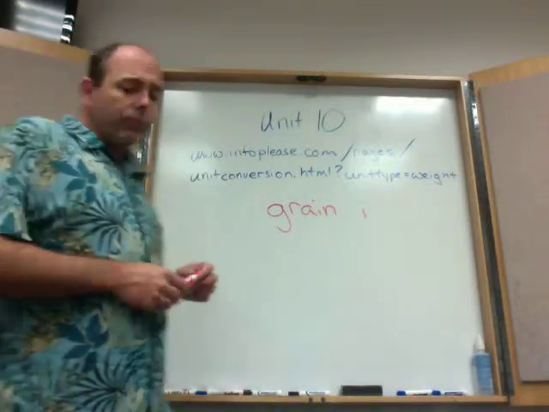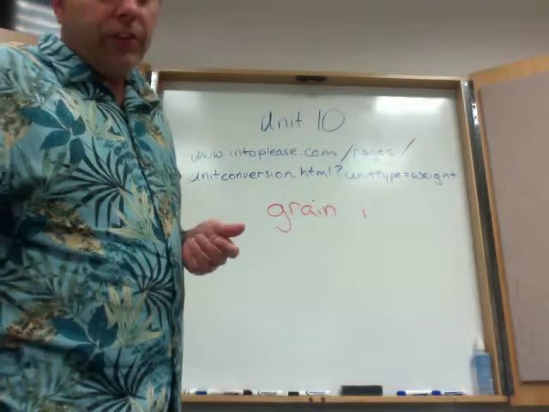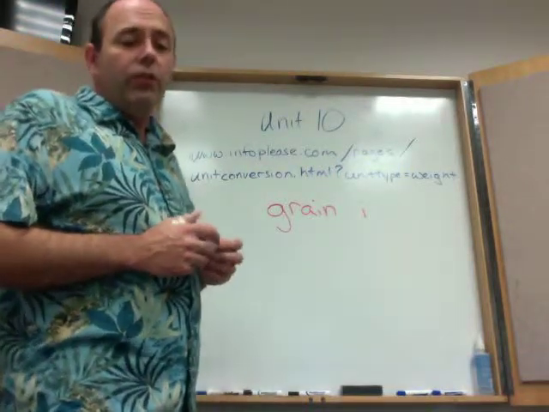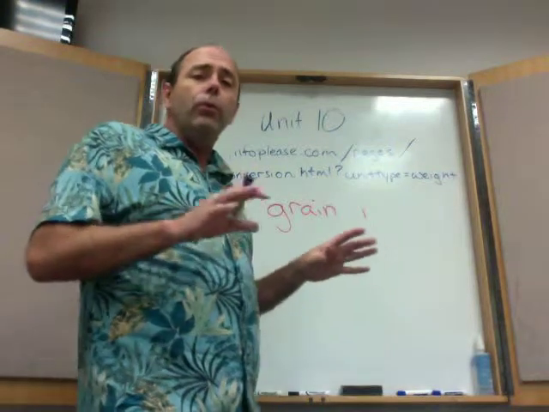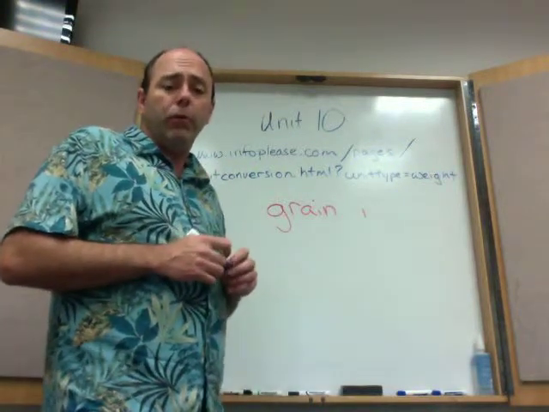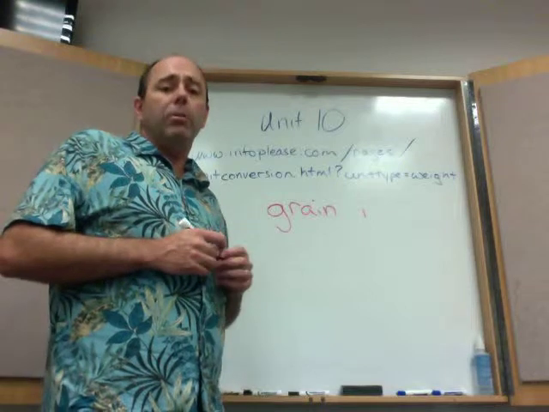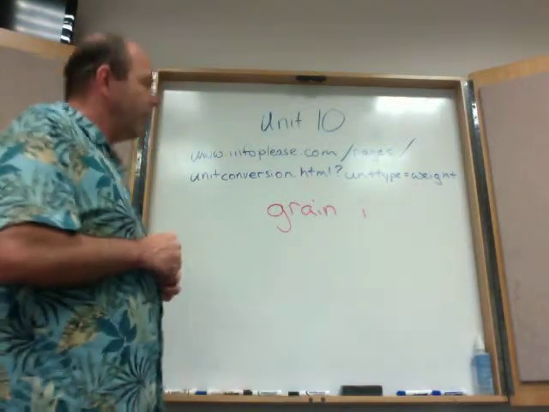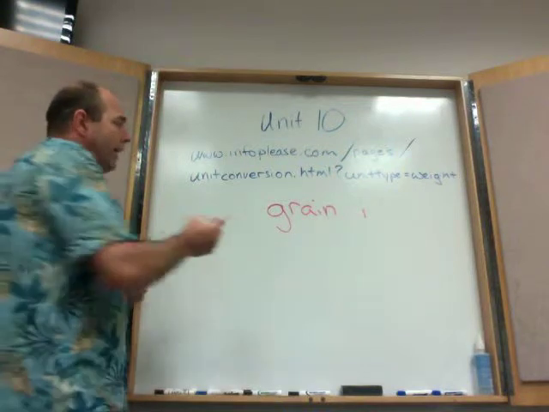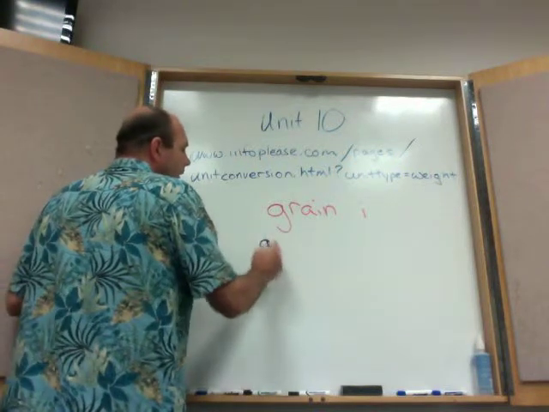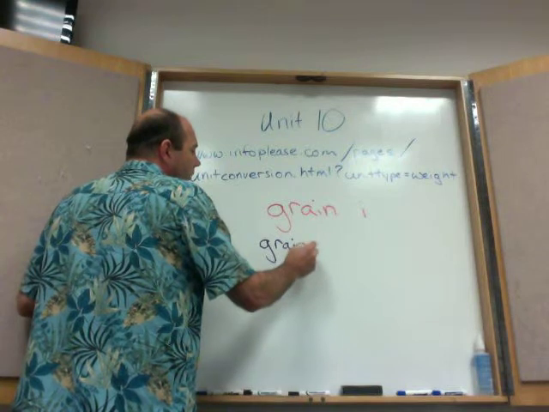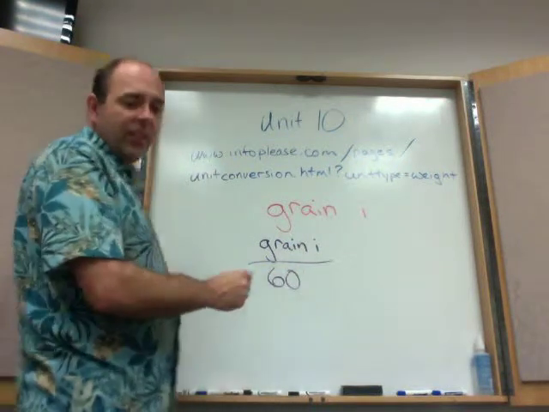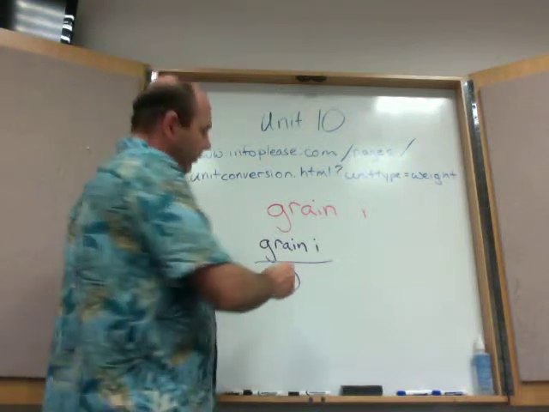Now, to convert these, other than using the calculator, the other way to do it is just as we've been doing, setting up two ratios in proportion to each other, and cross-multiplying to solve. The example that the book gives you is they tell you that grain I, or 1 grain, is equal to 60 milligrams.